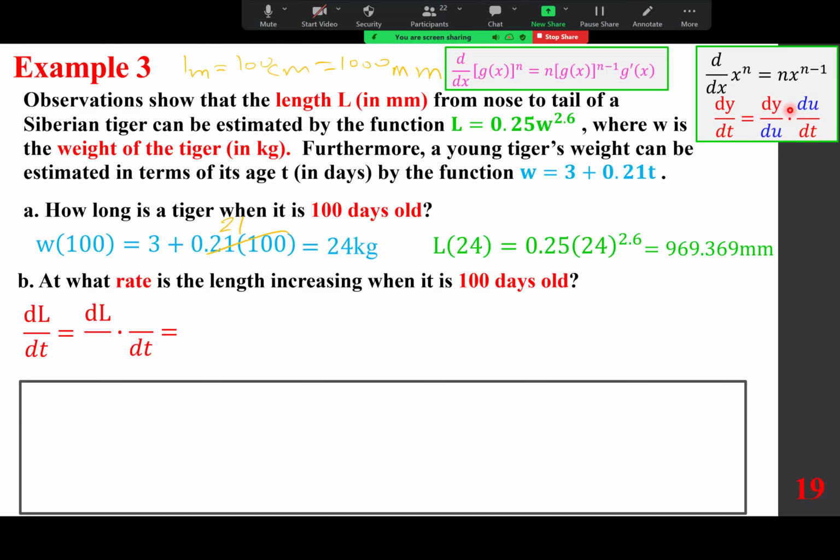You have dy/du times du/dt. The point is, what is u? How does y get to t? The intermediate variable is u. How do we go from L to t? The intermediate variable is W. So dL/dW times dW/dt.